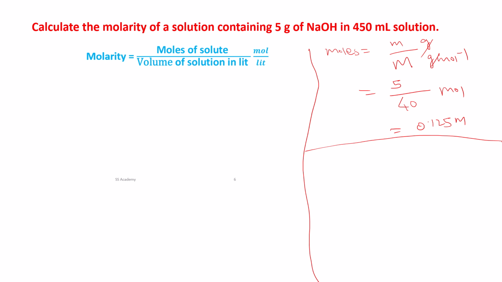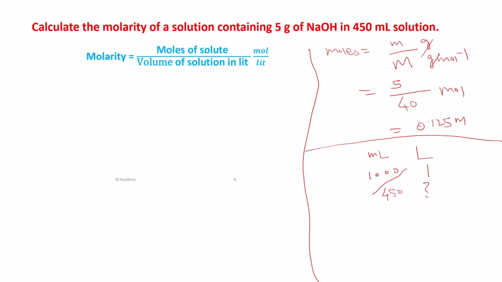Here also we have three data. We know 1000 ml is 1 liter, and 450 ml is how many liter, that we don't know.